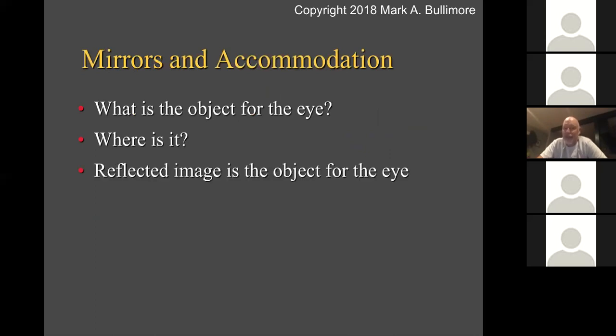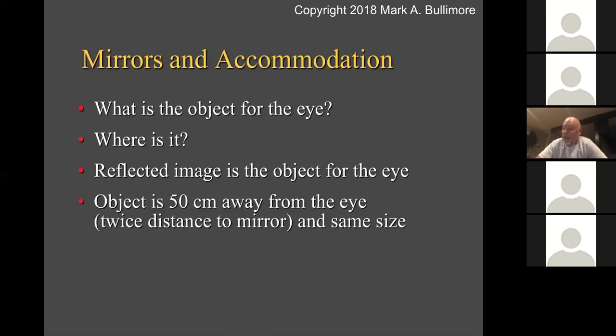It's not the mirror, okay? It's the reflected image. That's the object for the eye here. So if they're, sorry, 25 centimeters from the mirror, the image is going to be 25 centimeters behind the mirror, and that becomes the object for the eye. So it's actually 50 centimeters from their eye.